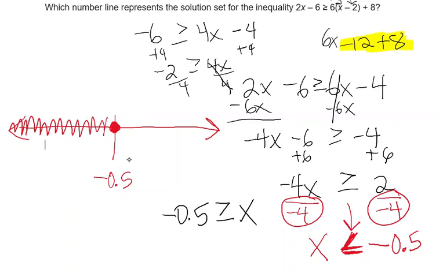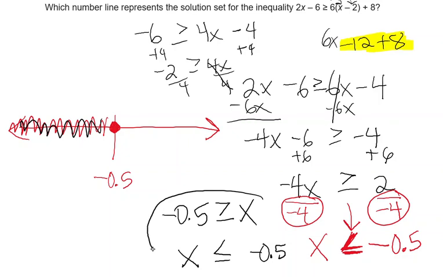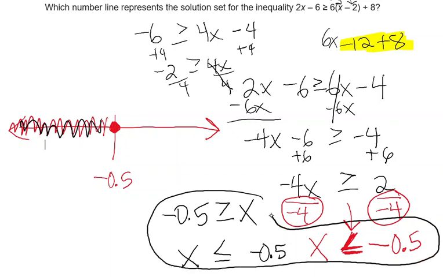That means negative 0.5 is going to be to the right of all the x values. If you wanted to, at the end, flip this to x and then change the two sides, you also have to reverse the inequality symbol. So these are all equivalent ways to represent the same quantity, that x is less than or equal to negative 0.5.